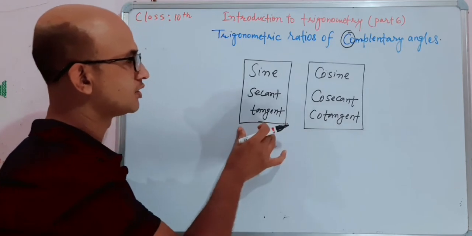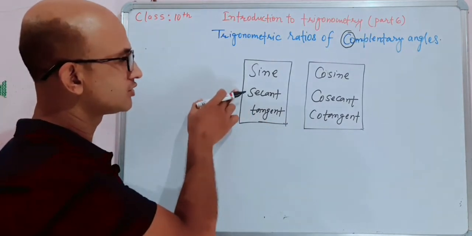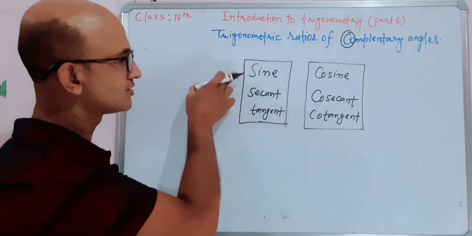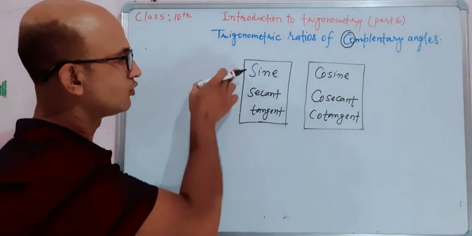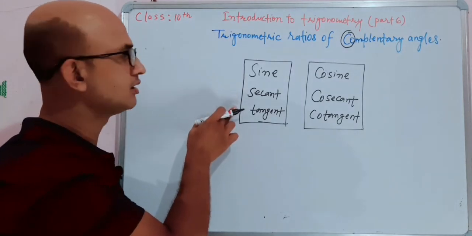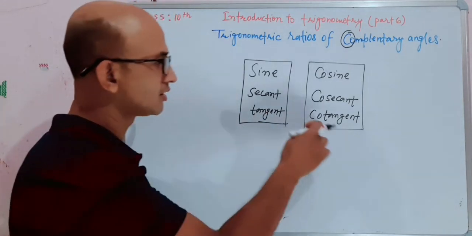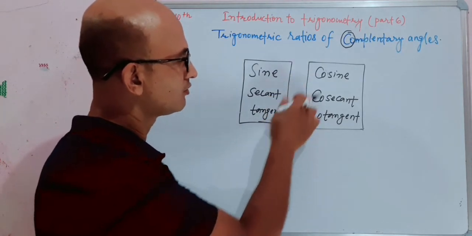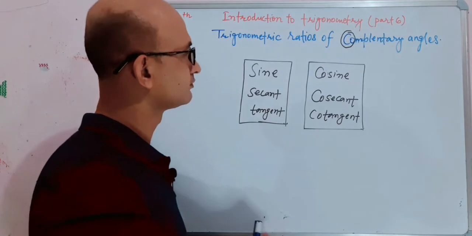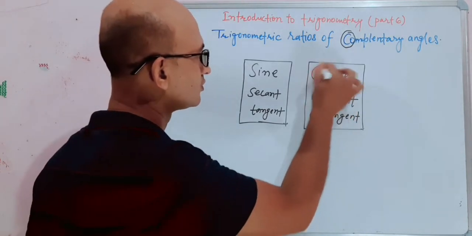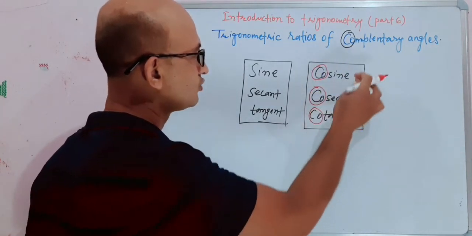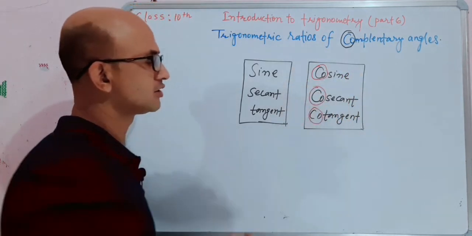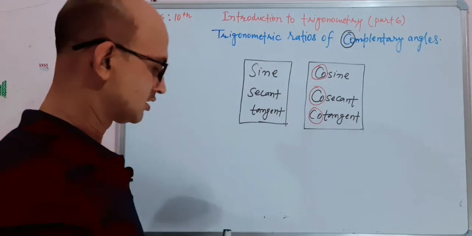In one column, there are trigonometric ratios having name without co. As you can see here, there is no co with these trigonometric ratios. But in the other column, we have trigonometric ratios having name with co.